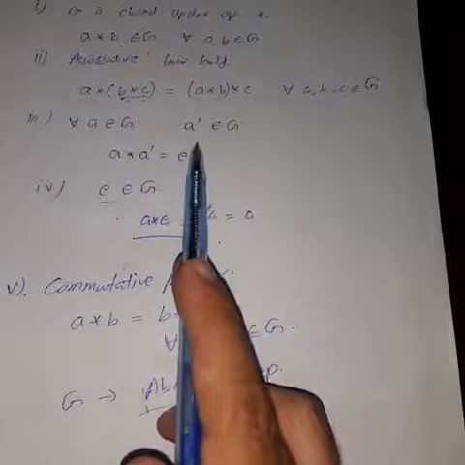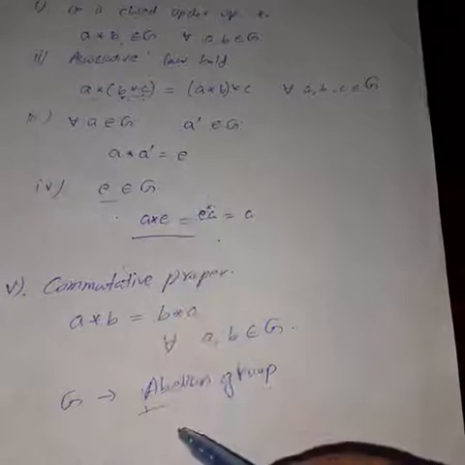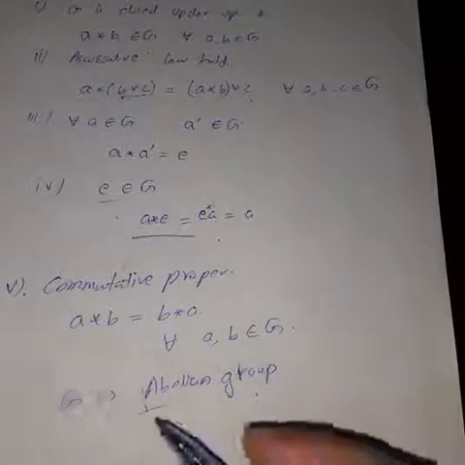If the four properties hold, then G is a group. And if we add some extra property, which is the commutative property, then G will be an abelian group.